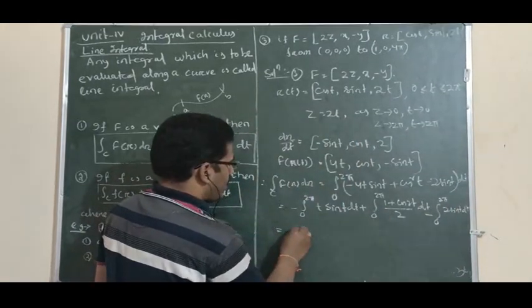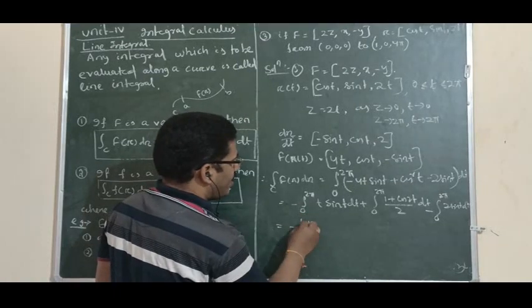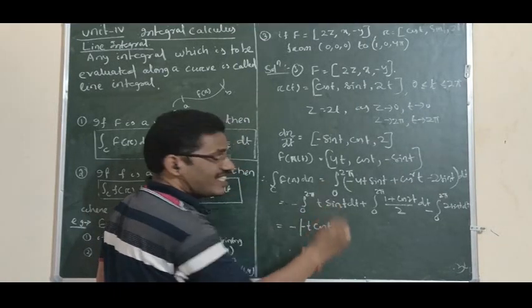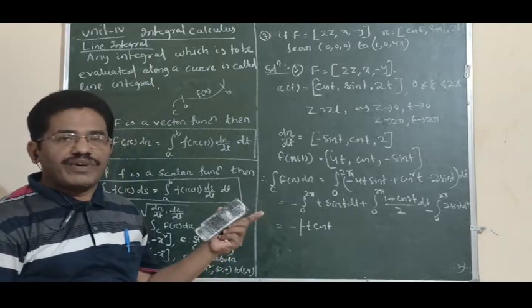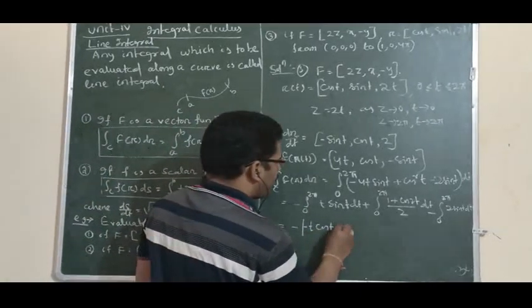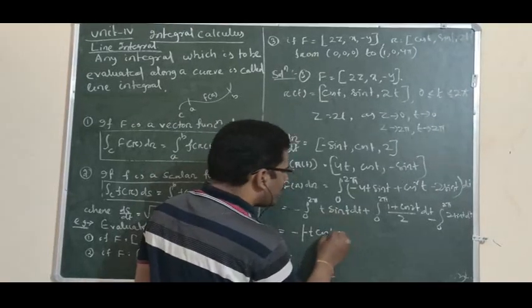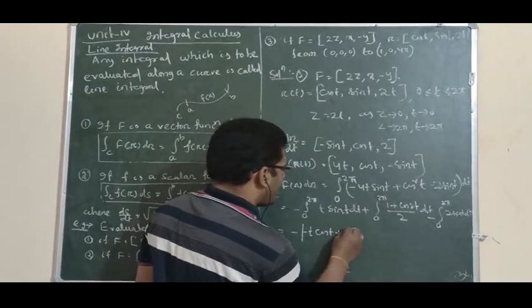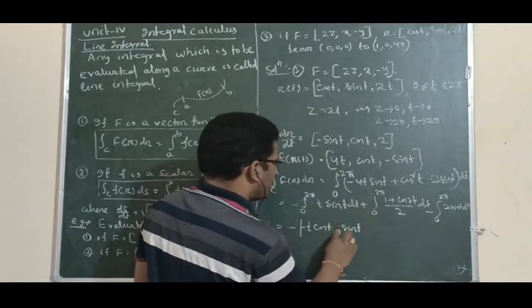So for the integration of t sin t, in one line we have to integrate: that is minus t cos t, plus the derivative of t is 1, and the derivative of cos t is sin t, that is minus sin t.